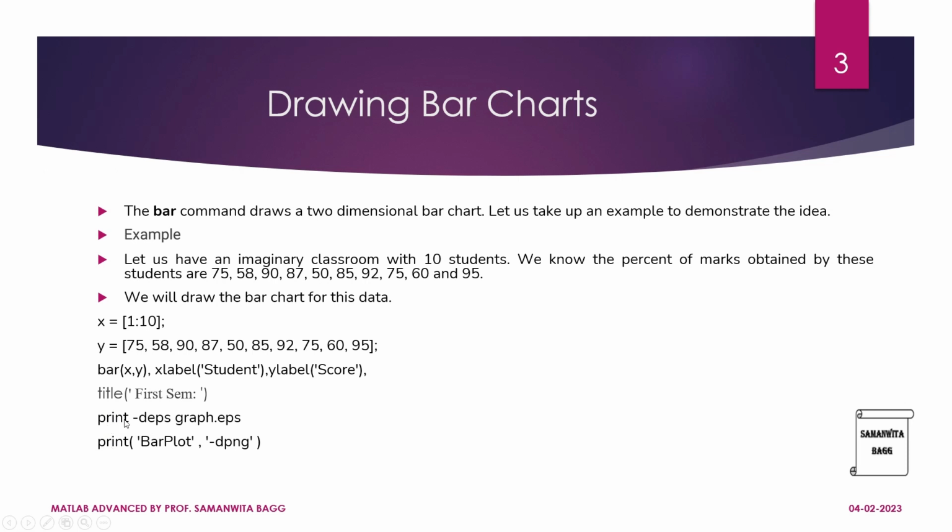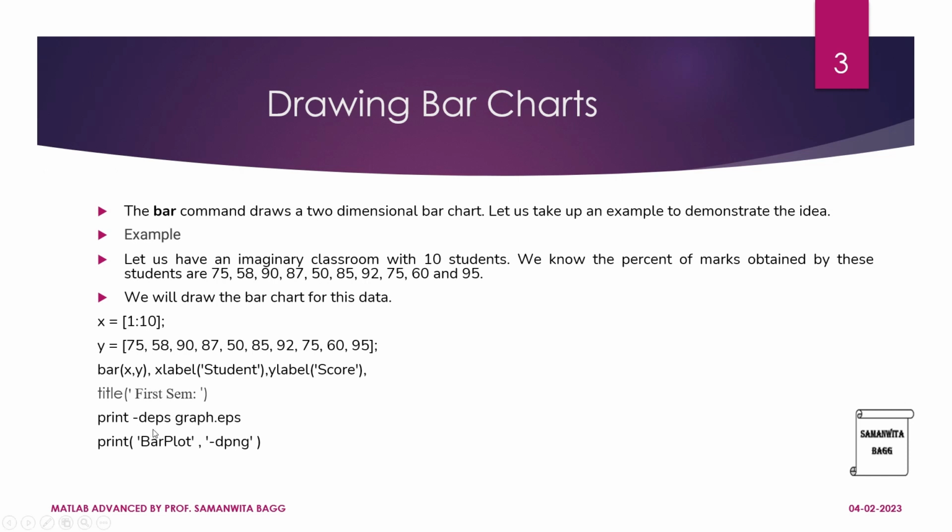When we want to save the bar chart, we will write here print -deps. This indicates that we are going to get an image in encapsulated PostScript form. So deps is the command which we use for vector graphics.